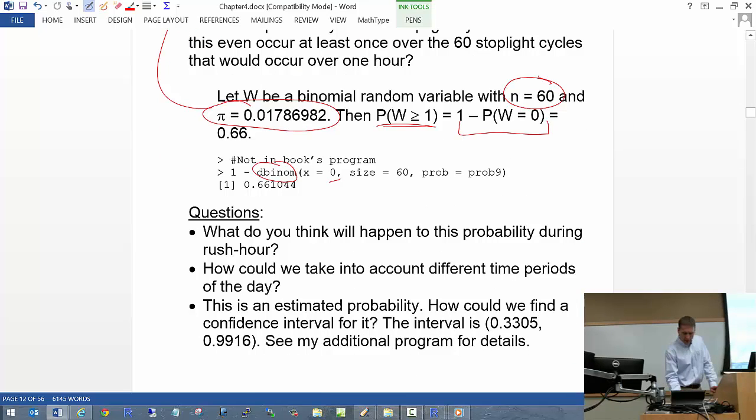So there's 0, there's n, there's that probability, and I get 0.66. That's a fairly high probability. So the estimated probability that this driveway is blocked in a 1 hour period of time is 66%.